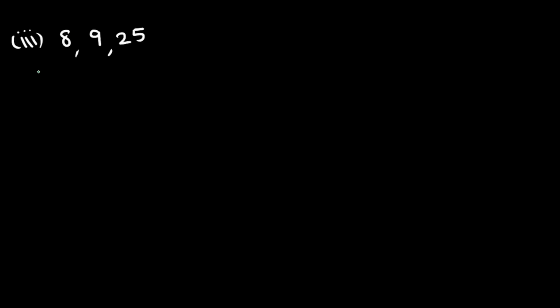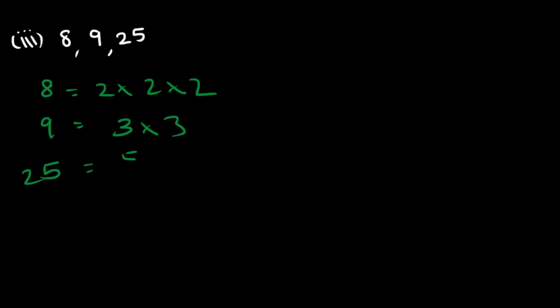The next question, you have to find again HCF and LCM, right? For that, we'll write the prime factorization, that is 8 you can write as 2 into 2 into 2, and 9 you can write as 3 into 3, and 25 you can write as 5 into 5, right?